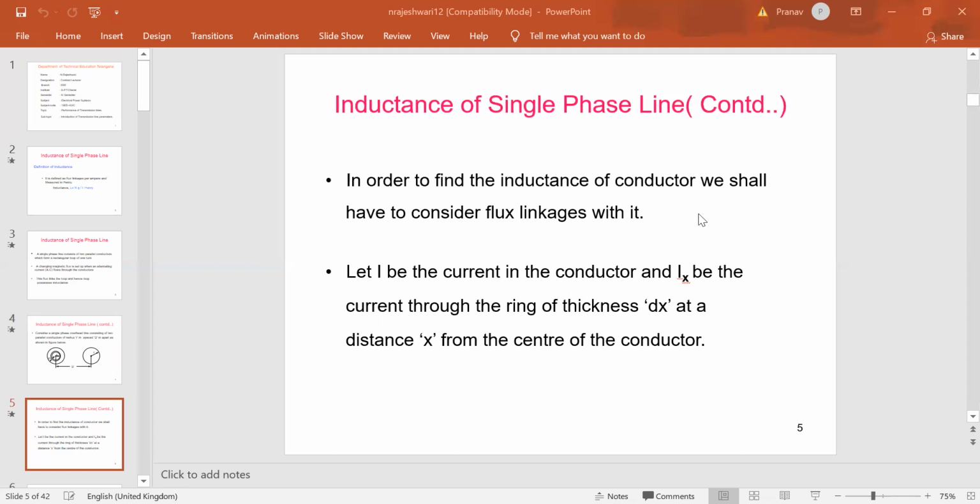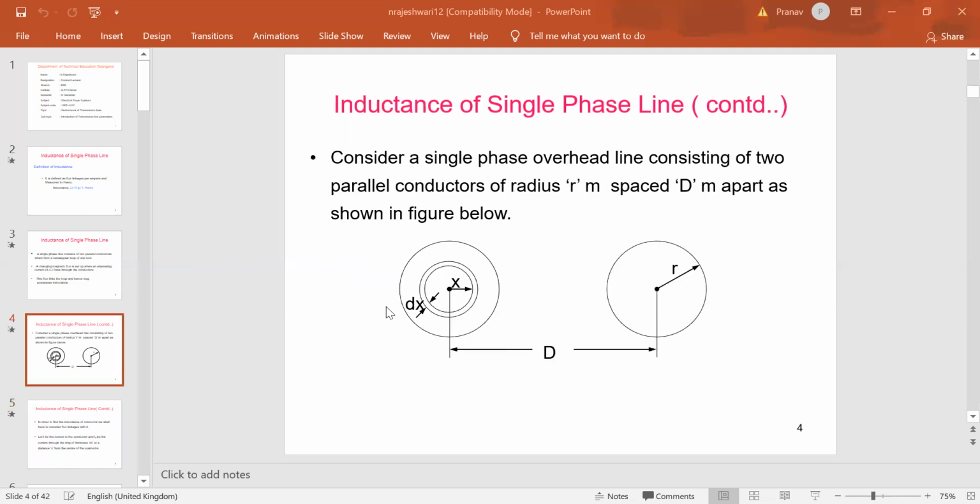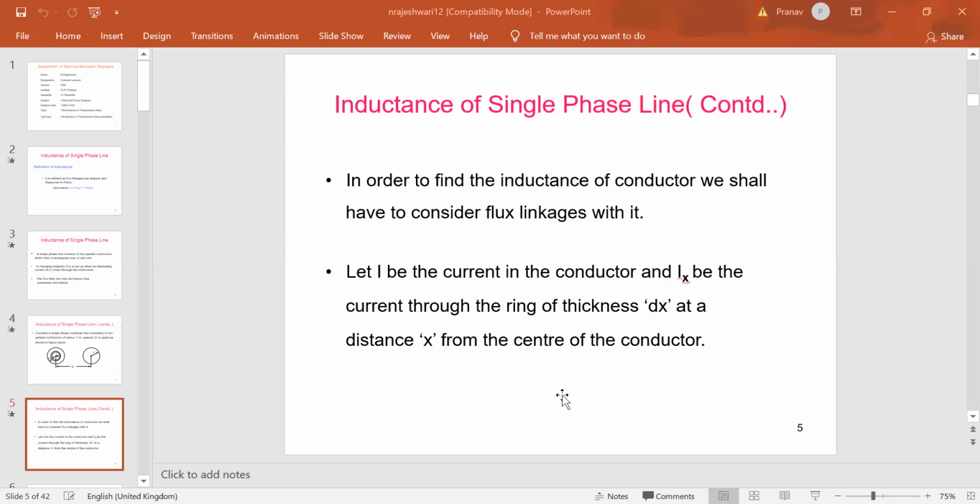Let I be the current in the conductor and Ix be the current through the ring of thickness dx at a distance x meters from the center of the conductor. Small r is the radius, dx is the smallest distance, and capital D is the spacing between the two parallel conductors.